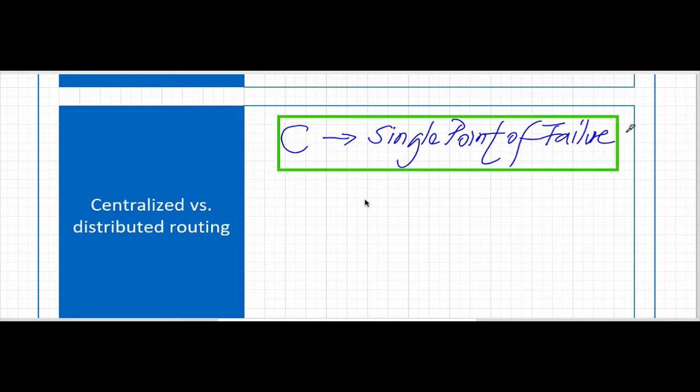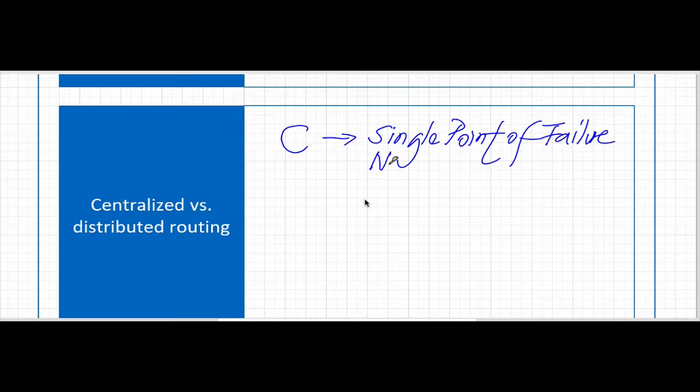In particular with centralized routing, we've said that it might not be scalable, because you'll have a central point that needs to send lots of control information to maybe a very large network. We also said that these days, this centralized approach is being considered again in something called software-defined networks.